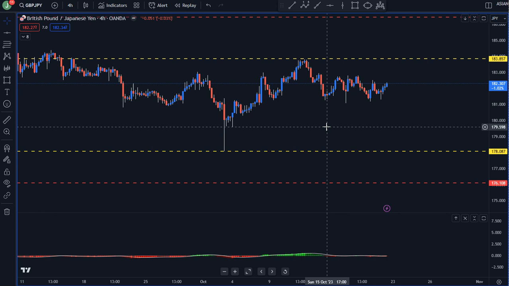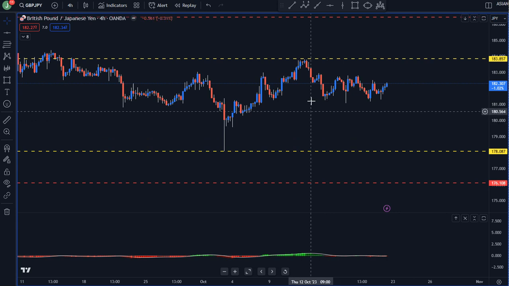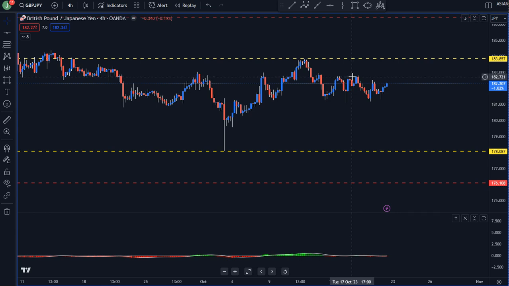That's going to always point you in the right direction. And so price in this area right here, this would be an area of interest where price will potentially reject or push through. So what I do at this point is I look for engulfing candles to identify that, right?